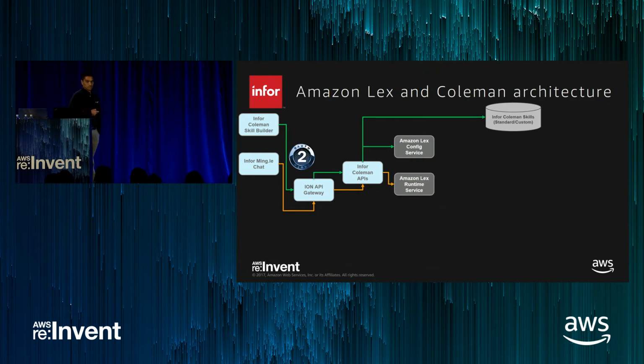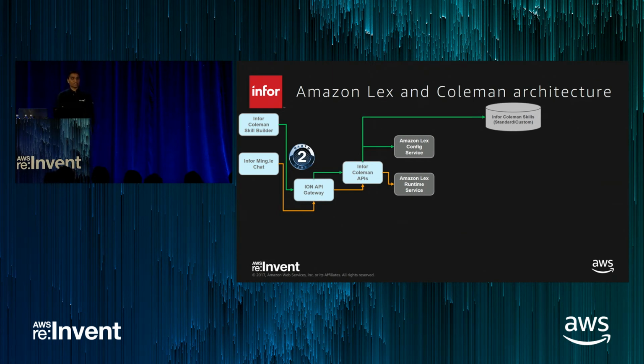The Coleman API system in turn submits the utterances from the users to the Lex runtime system. This may be a recording if it's a voice request, or it could be just a text string that is passed to Lex. Here, we need to ultimately pass the security details to the Lex runtime, because our ERP systems need to fulfill the request.